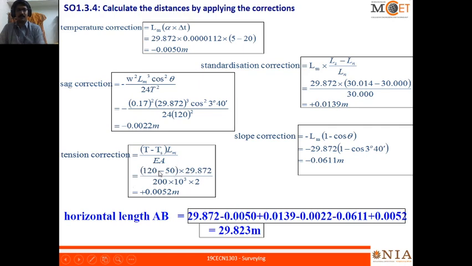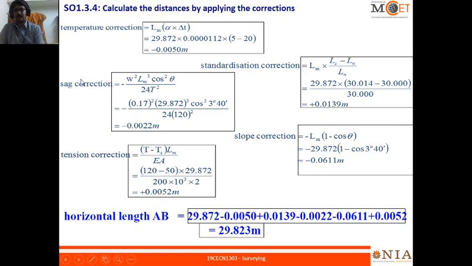Here the difference is positive, so the correction is also positive, and it may be vice versa also. Into the measured length divided by Young's modulus. For steel, I have already said 2 into 10 power 5; here they have mentioned 200 into 10 power 3, both are the same. The area given is 2 mm square in the problem, so it was substituted, and you have obtained the tension correction. If it is different, it may be negative also.